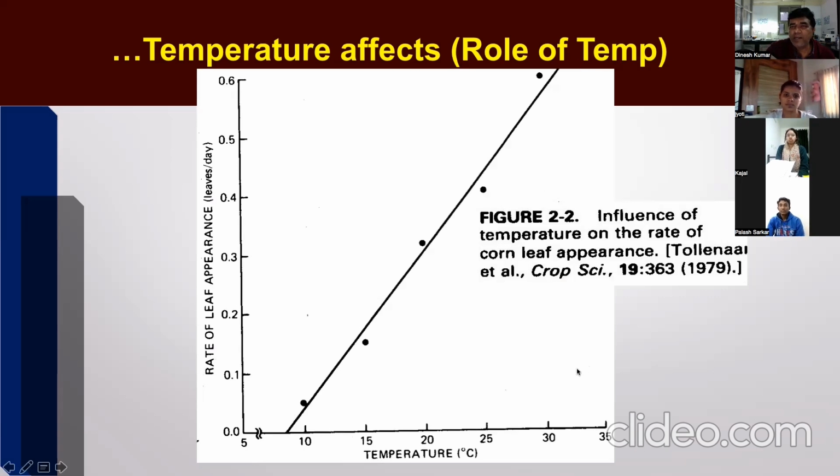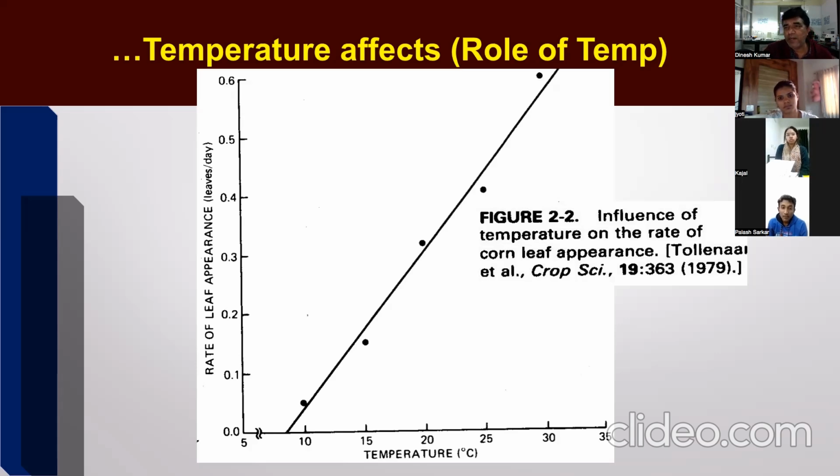Up to 30 degrees centigrade, if you increase the temperature, the leaf production is increasing in maize. That means higher temperature up to 30 degrees centigrade is good for maize because it is increasing the number of leaves per day or per week. Is it okay, Palash? Yes, sir.